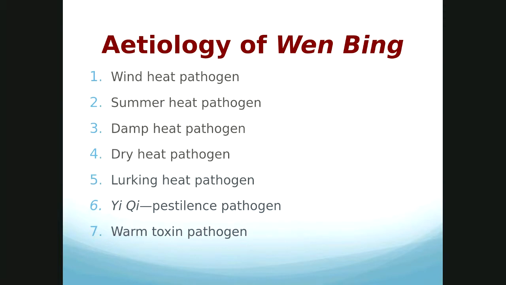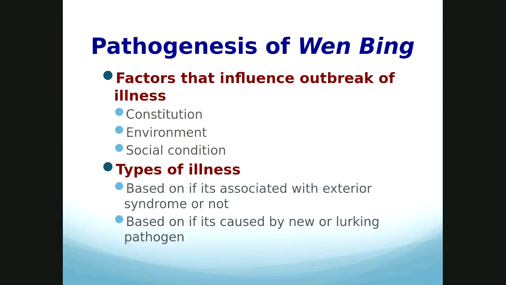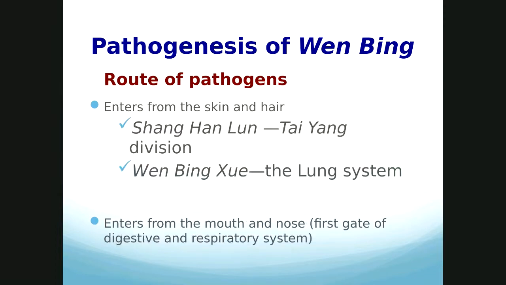Okay. Now, pathogens of Wen Bing: factors, constitution, environment, social and economic conditions, types of illness based on external syndromes or not, or based on whether it is caused by new or lurking pathogens. So types of illness present differently clinically. And the root of pathogens in the Shanghan focuses on the Taiyang divisions.